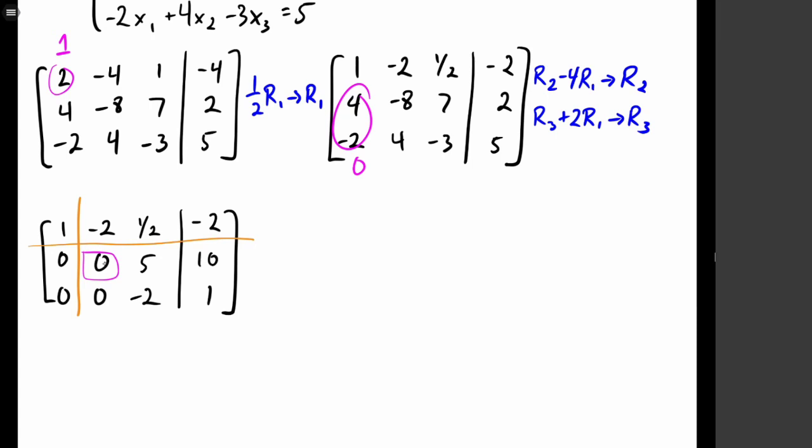However, if we look at this number right here, this is a 0. There's no way to turn that into a 1. This is a 0. There's also no way to turn that into a 1. Row 1 is stuck where it is. This has to stay here. We're only allowed to use rows 2 and 3 for this.